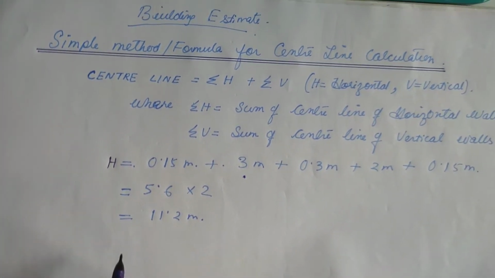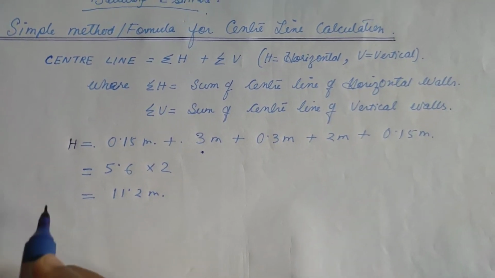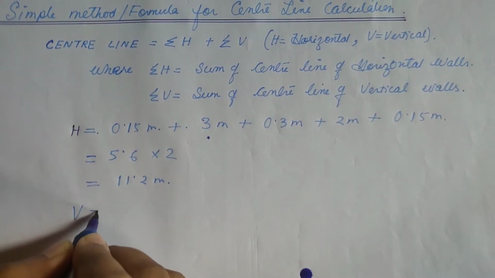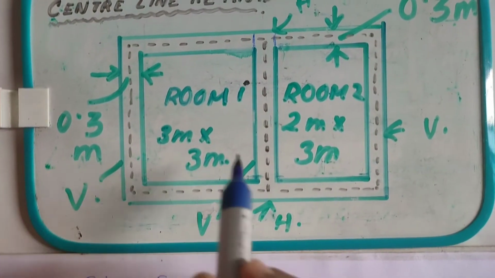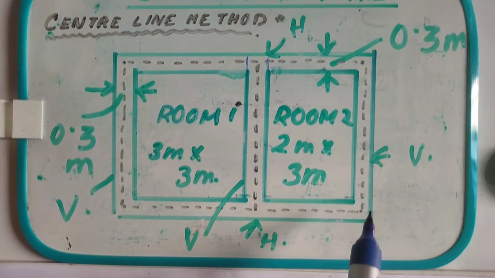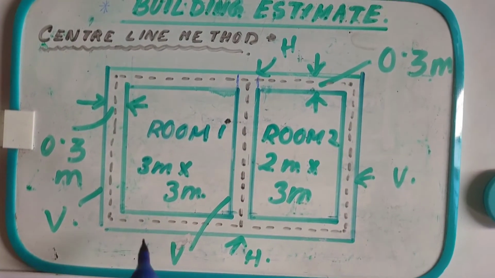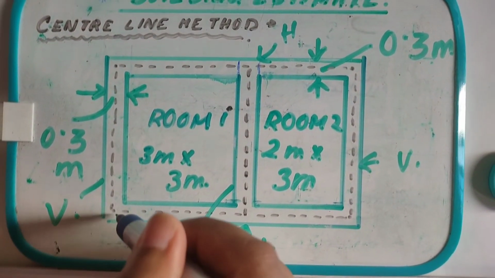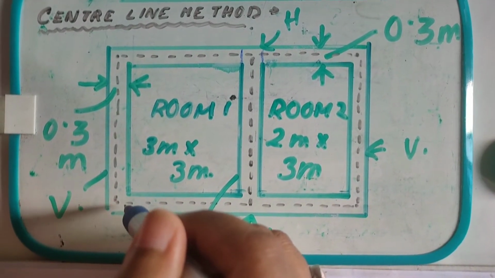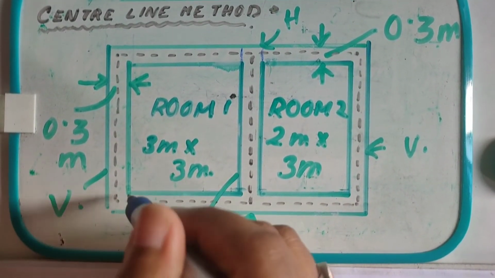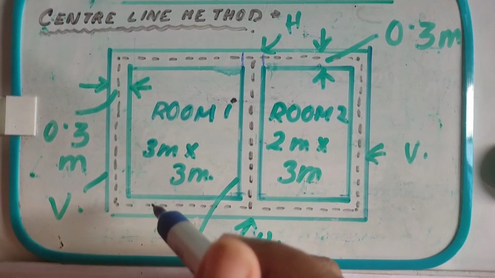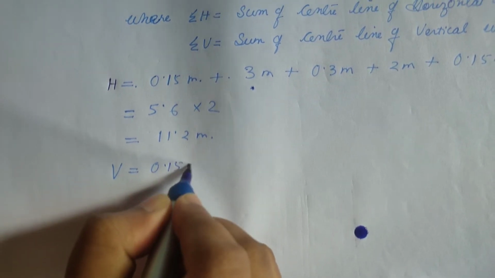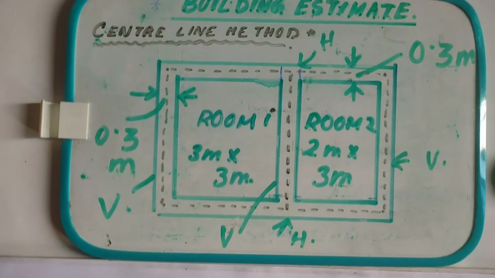Now moving on, we will find the length of the vertical walls. There are 3 vertical walls, you can clearly see that. Let's start from here. The thickness of the wall was 0.3 meter here also, and we will consider half of the thickness, that will be 0.15 meter.